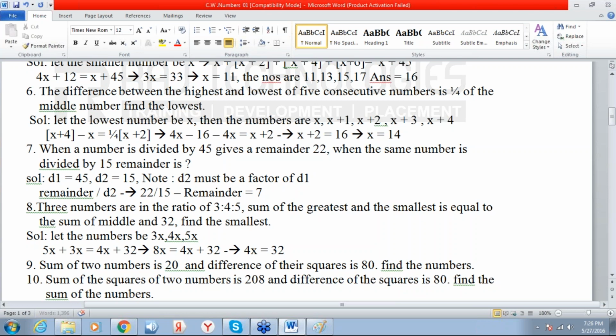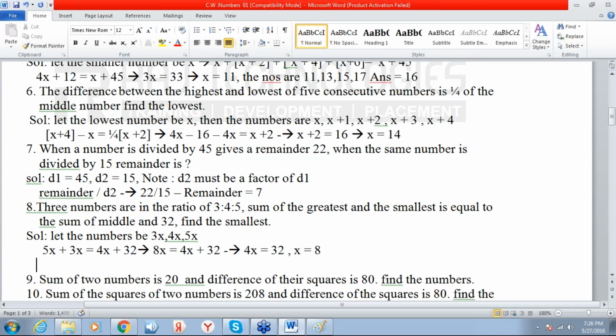Then x is equal to 8. Therefore the numbers are 3 into 8, which is 24, then 32 and 40. The numbers are 24, 32 and 40.